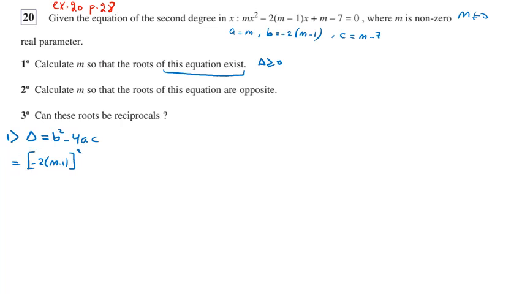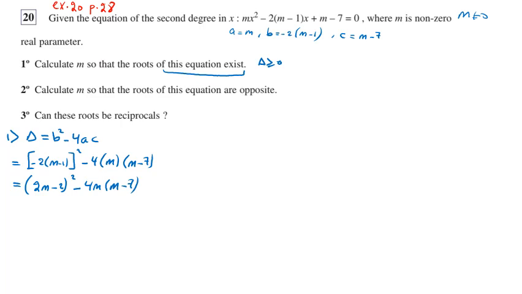This is b squared minus 4 times a times c. Here we have minus with even exponent, it will become plus. So the answer will be 2m minus 2 squared minus 4m times m minus 7.